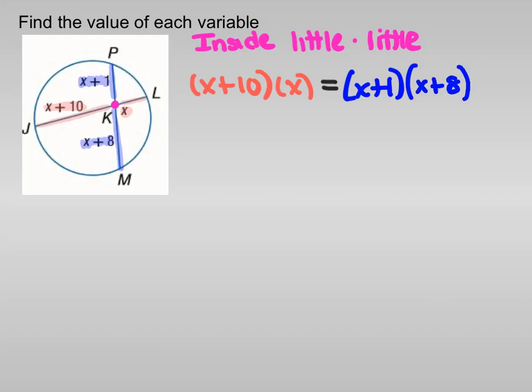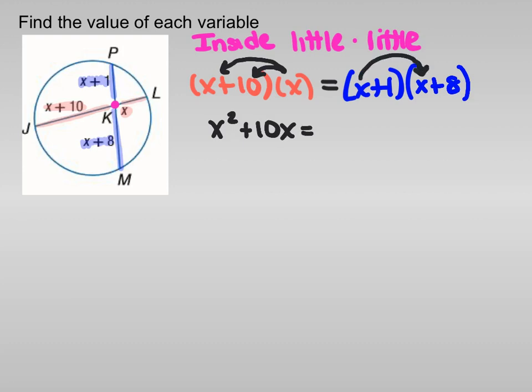So now in order to finish solving, you would have to distribute or FOIL both sides. So if I multiply on the left, I can multiply the x times x, gives me x squared, and x times 10 gives you 10x. On the right, we have to FOIL.